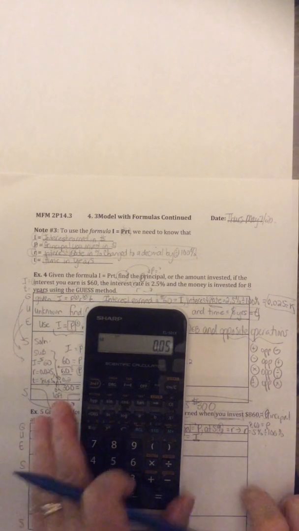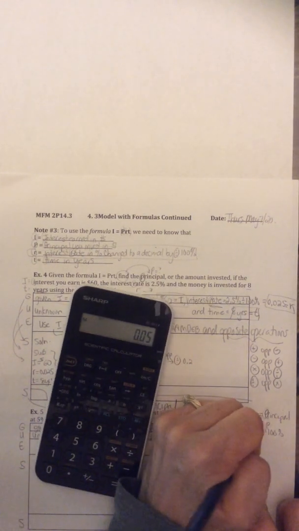But we have to divide that by 100. So R equals 5% divided by 100%. If I need to, I work that out. 5% divided by 100% is 0.05. So R is equal to 0.05, okay?